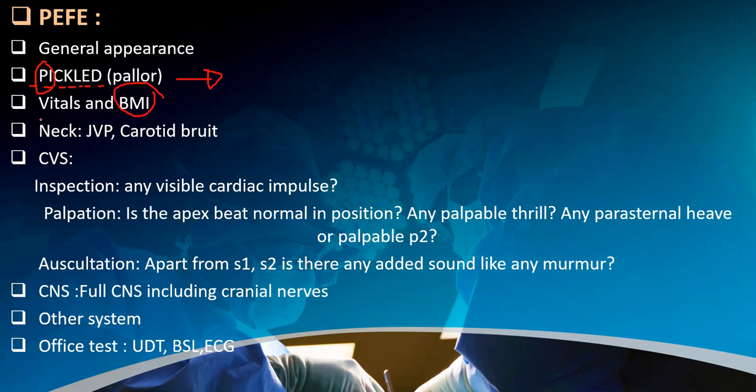Now, if you already asked the vitals at your starting, what you need to do is just ask, doctor, are the vitals the same as before? Okay, so that's one of the things you need to ask. Otherwise, you don't need to ask again blood pressure, pulse, respiratory rate. Just ask, doctor, are the vitals the same as before? It will save you some time.